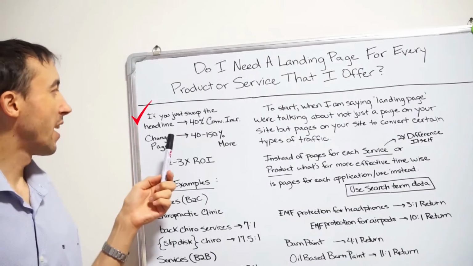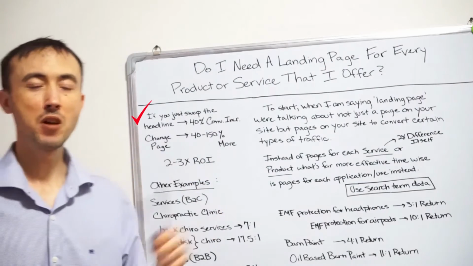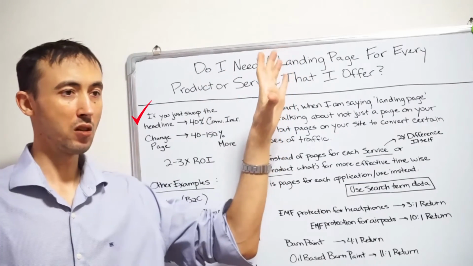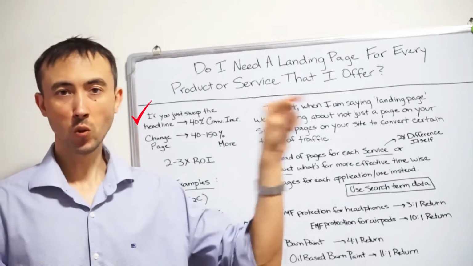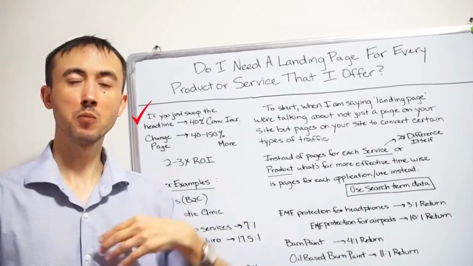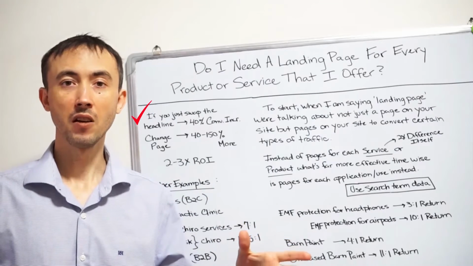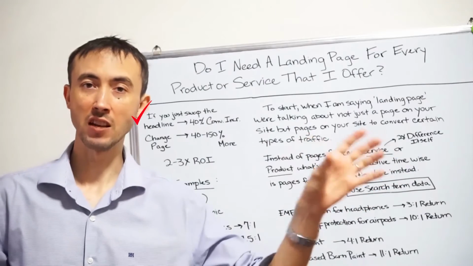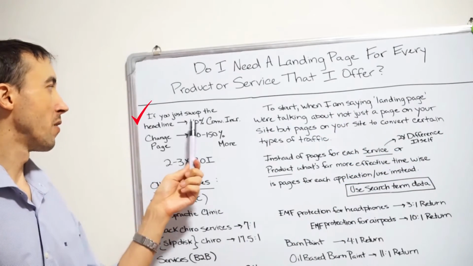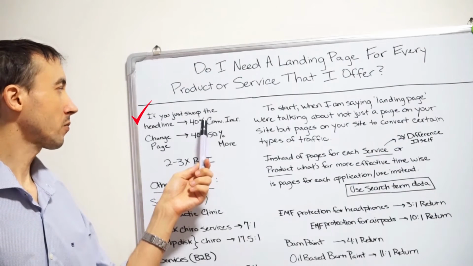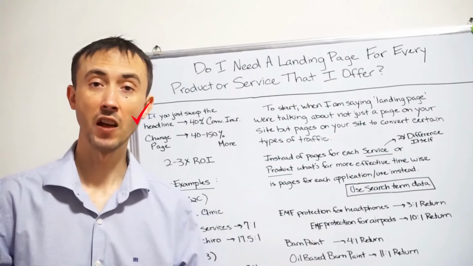If you swap the headline, as I mentioned before, on the landing page, you can do several things to make this page custom. But if all you do is switch the headline, which isn't going to give the person the full feeling that you really do have a product that is specialized and capable of working for their exact need, you'll have roughly a 40% increase in your conversion rate just from the headline.